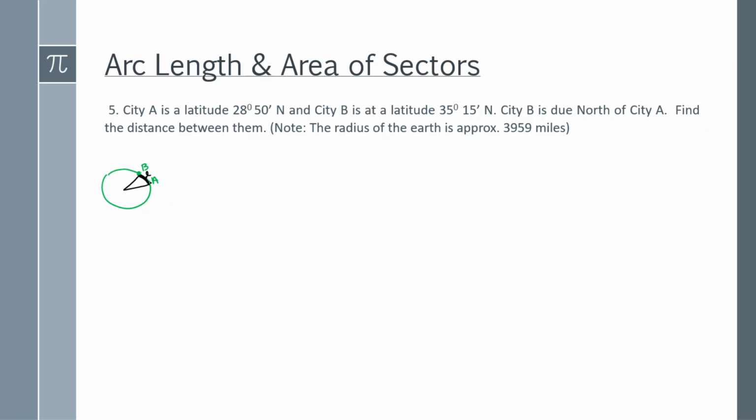So the first thing I need to do is I need to know the radius of the Earth. Well, here's R. So arc length is 2 pi r times the angle divided by 360 degrees, because I'm going to be in degrees here. So my radius is 3959 approximately.